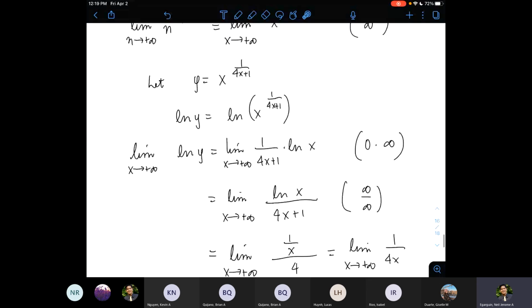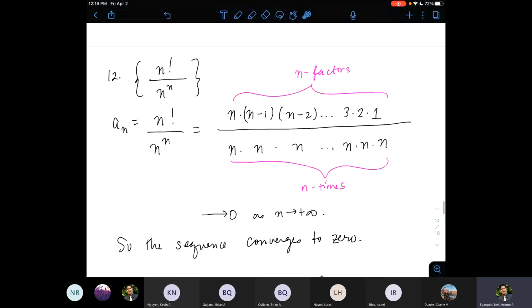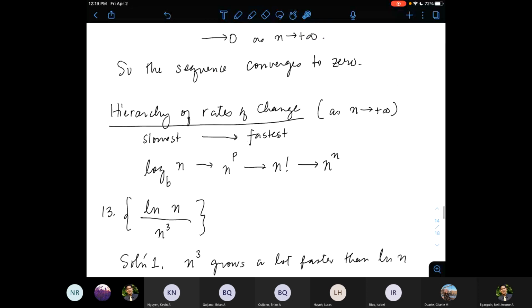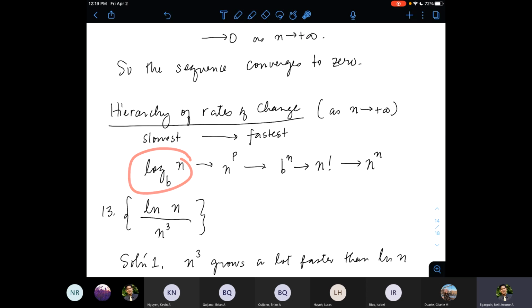Let me just check that if we have that in our notes. Yeah, I forgot to insert exponentials. So this is b raised to the n. So the slowest growth rate can be found for logarithms, followed by polynomials, then exponentials, and then factorials.